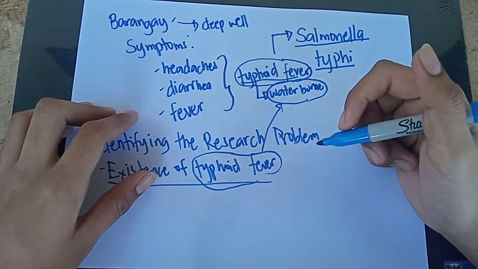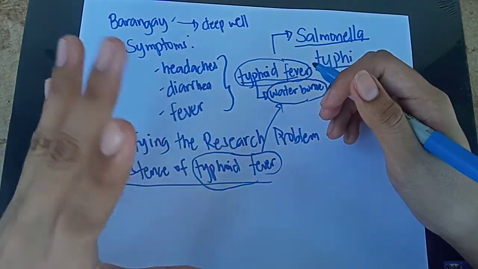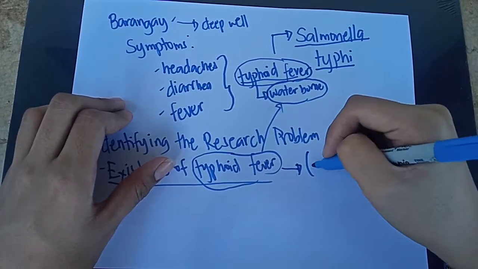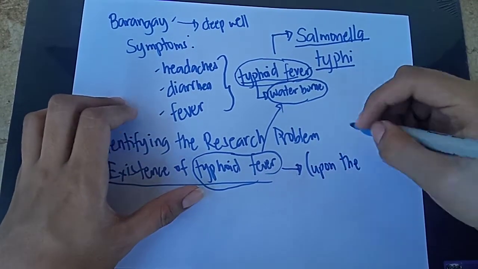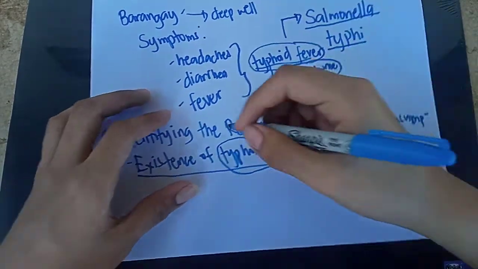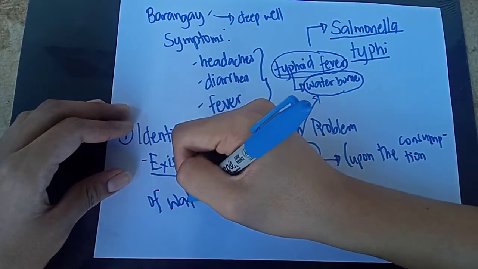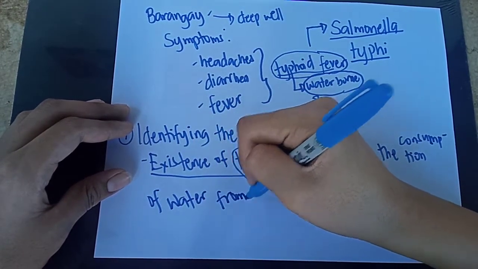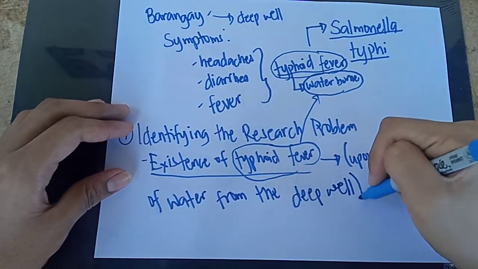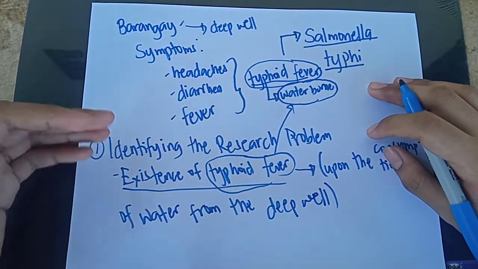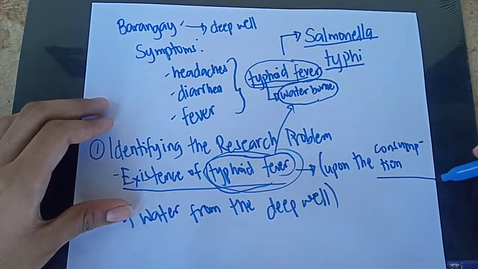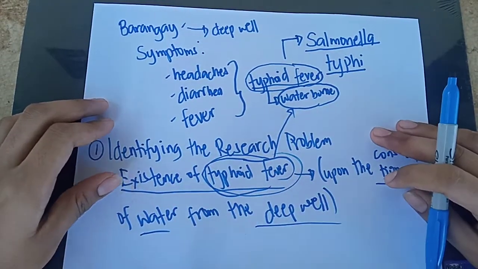So there would be an inference that the typhoid fever emerged upon the consumption of water obtained from the deep well. So that is the main identification of the research problem. There is an existence of typhoid fever because of the consumption of water obtained from the deep well.